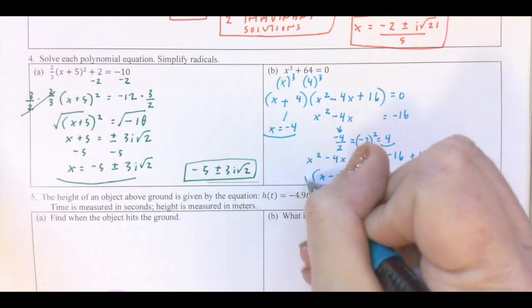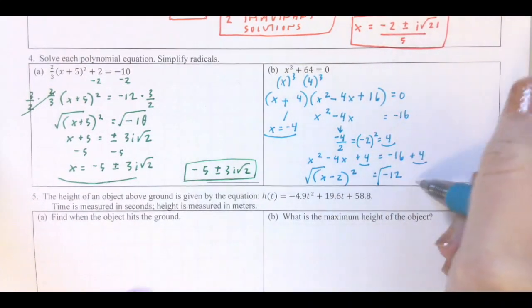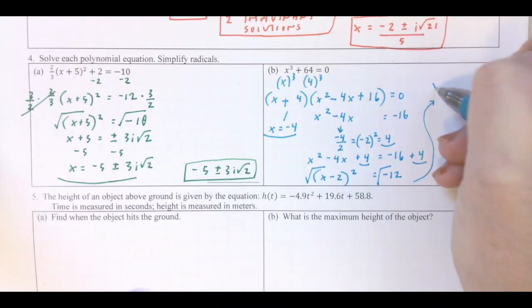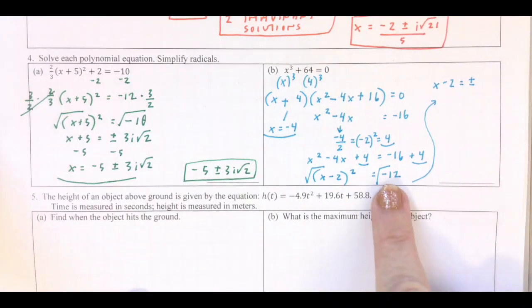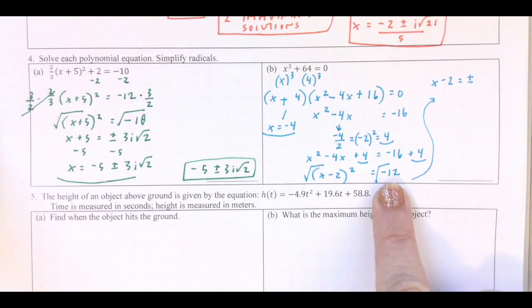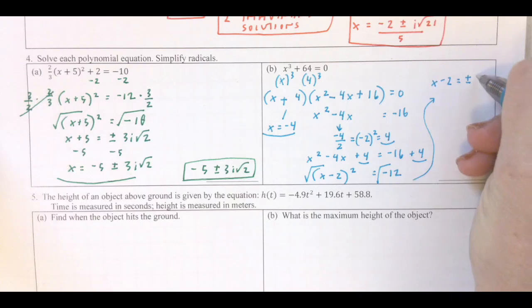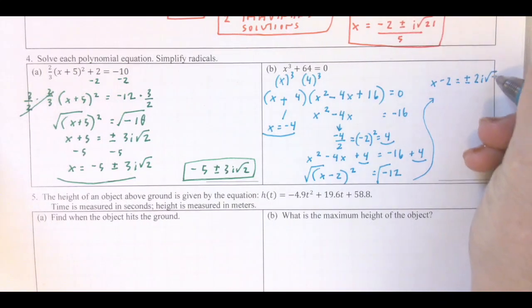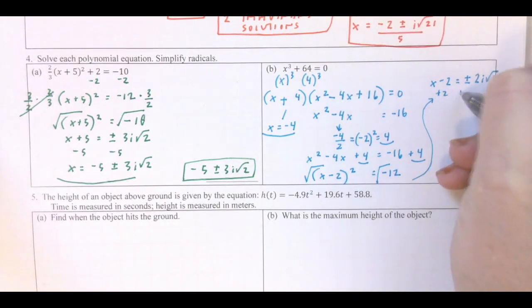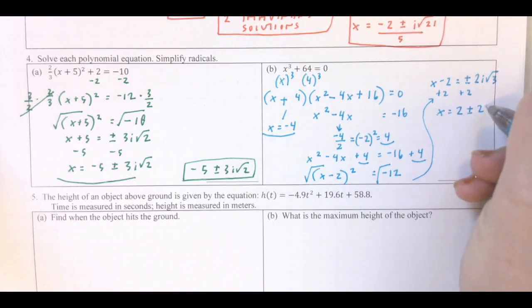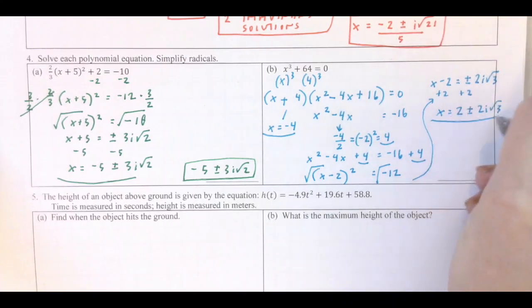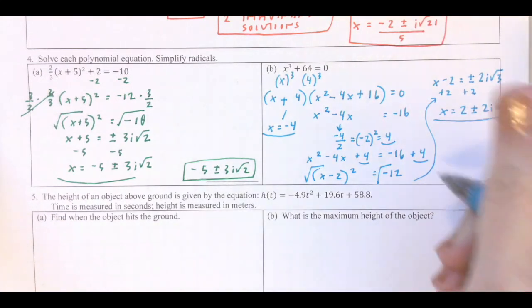So now I can solve by taking the square root. So x minus 2 equals plus or minus. Okay, I know i is going to show up again. Lots of practice with i today. So 12, I know that that's 4 and 3. So I will have plus or minus 2i root 3. And then I add the 2 to the other side. All right, so 2 plus or minus 2i root 3.